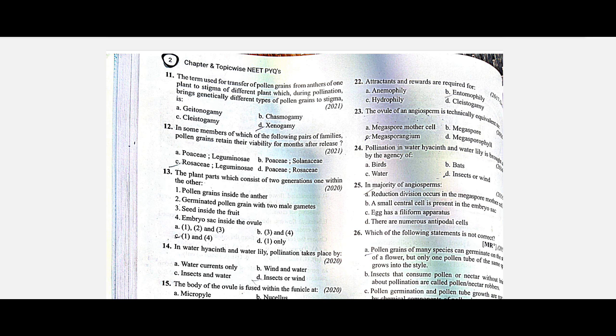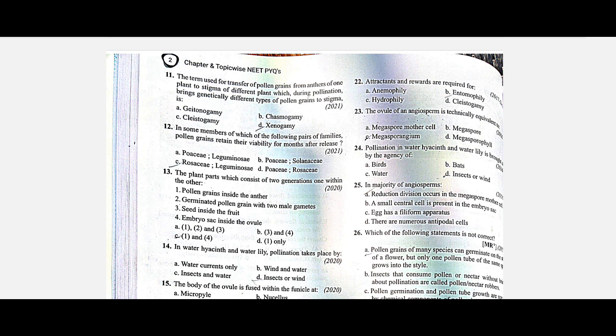Question number 12. In some members of which of the following pairs of families do pollen grains retain their viability for months after release? The answer is Rosaceae, Leguminosae. Option number C is correct.